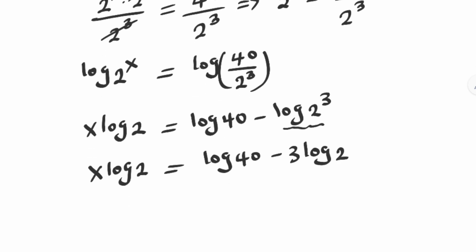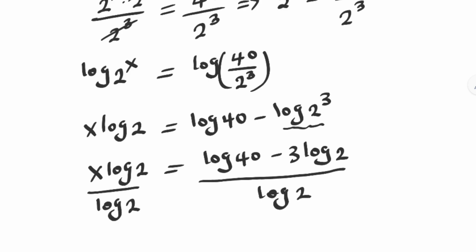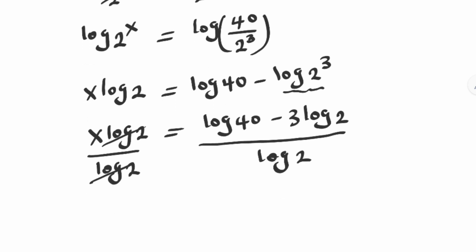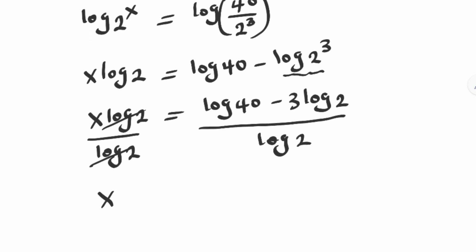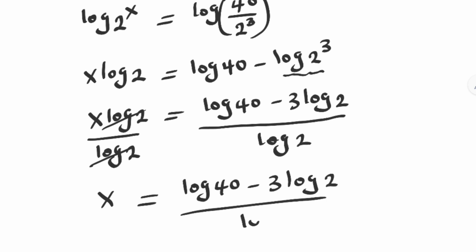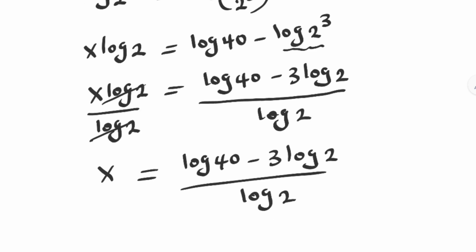Now let us divide the whole of this equation by log 2. This divided by log 2 and this divided by log 2. This log 2 cancels this log 2. x is equal to log 40 minus 3 log 2 over log 2.